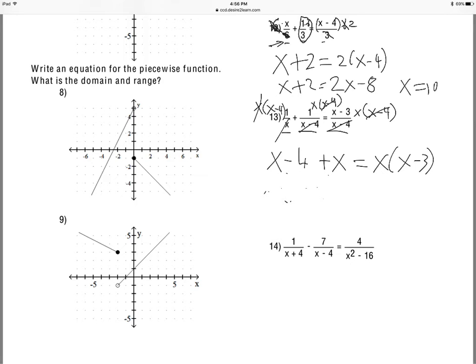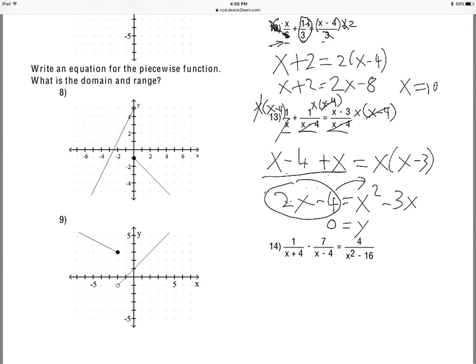If I simplify over here, I've got 2x minus 4. Over here is x squared minus 3x. Eventually, if I bring all of this over, take away 2x and add a 4 onto the other side, I'm going to have a quadratic. Take away 2x, it's minus 5x, add the 4.